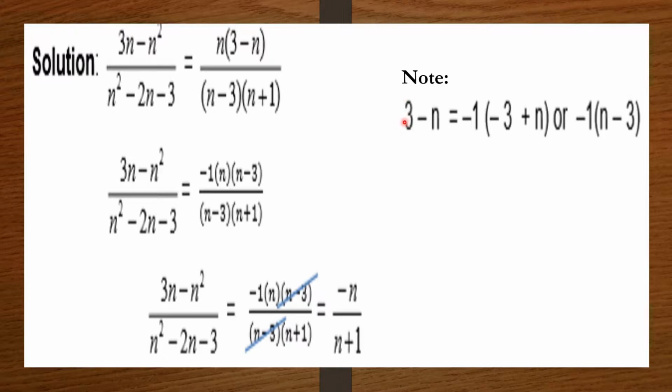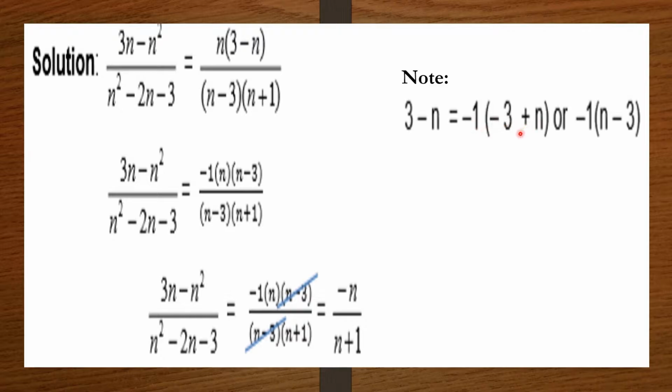Negative. Okay? I-factor out ko yung negative 1 na factor niya. Para yung terms dito will be changed in their signs. Yung positive 3 maging negative 3, yung negative n maging positive n. Kasi, we factored out the negative 1 as a factor of these two terms.